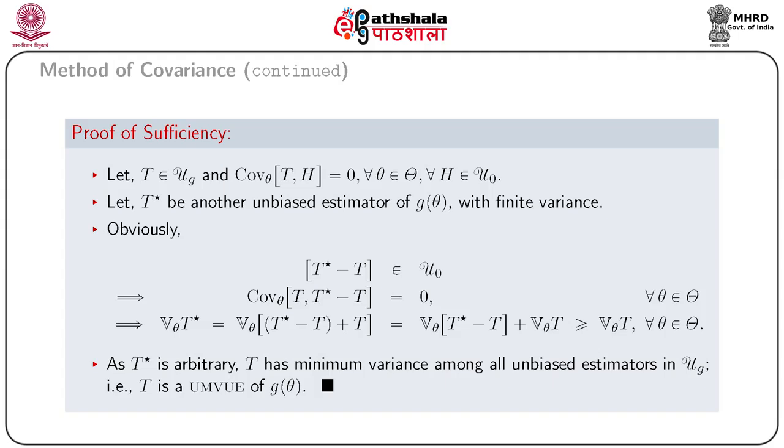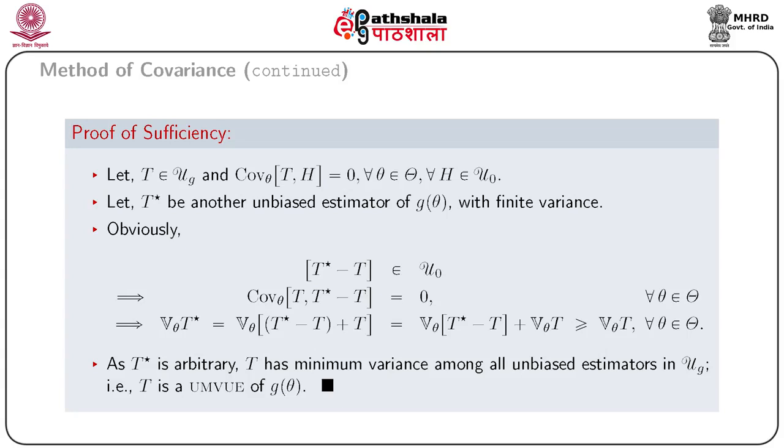Now, Var(T*) = Var(T* − T + T) = Var(T* − T) + Var(T), because Cov(T, T* − T) = 0.